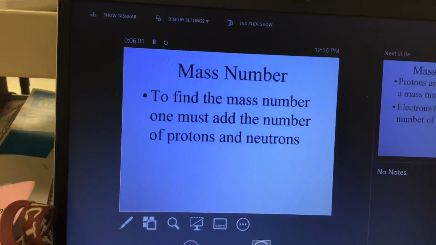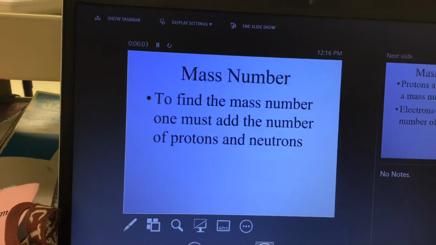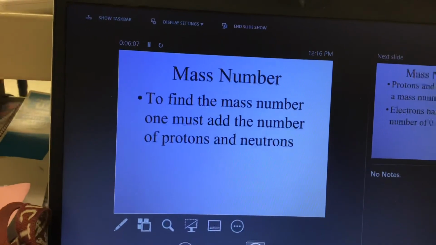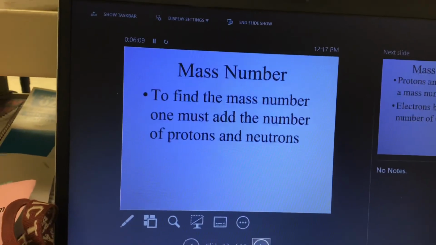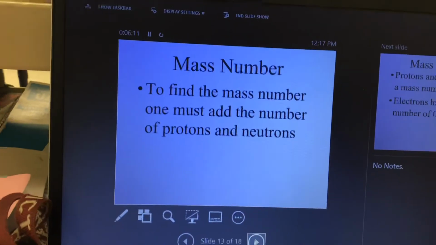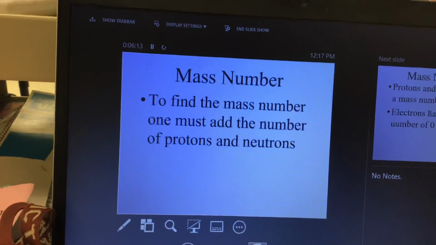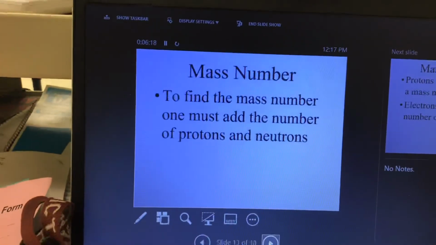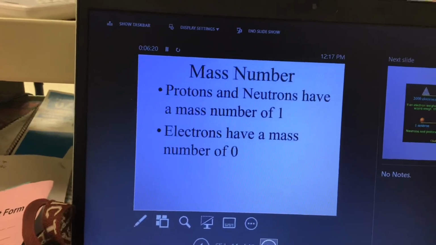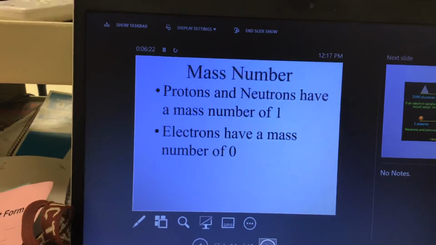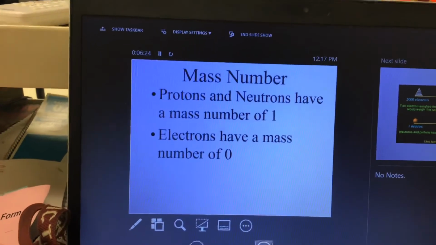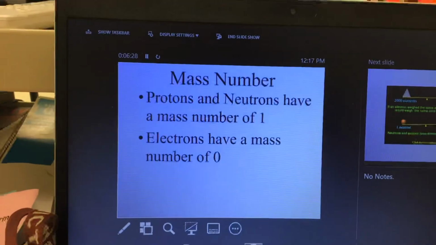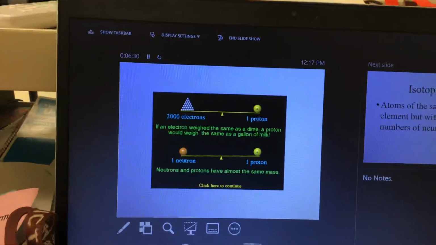Helium has 2 protons, 2 neutrons, so its mass number is 4. 4.04, whatever. So the mass number is how many things are in the nucleus, basically, which is protons and neutrons. We don't write anything for electrons; we kind of forget about them since they're so tiny. We don't worry about them with the mass.